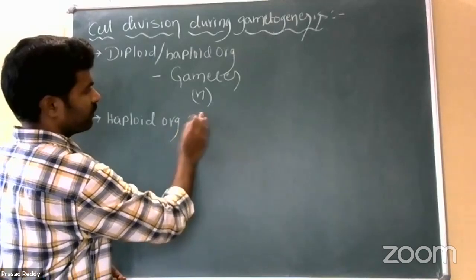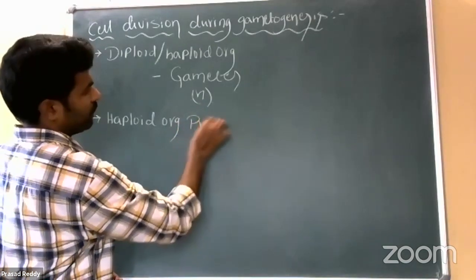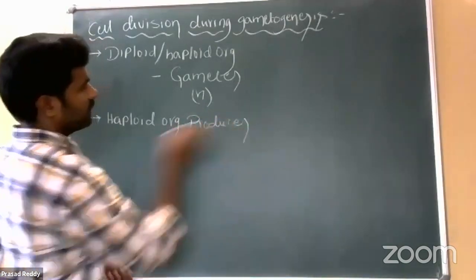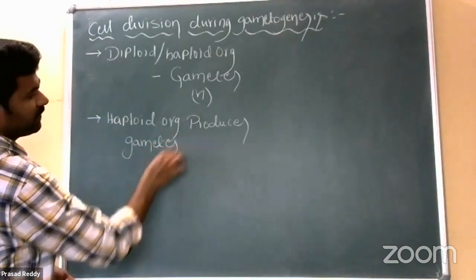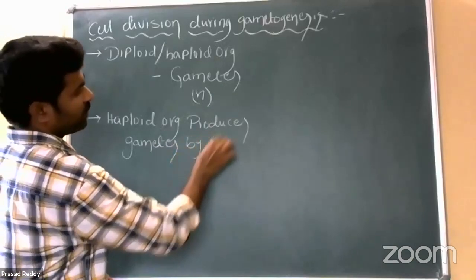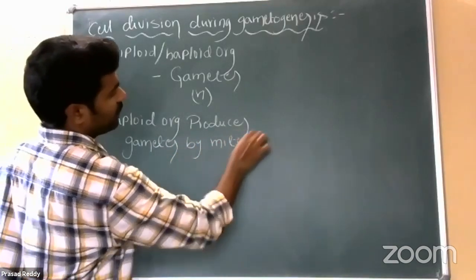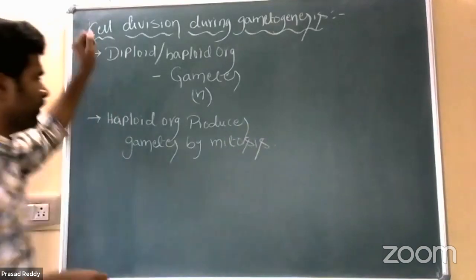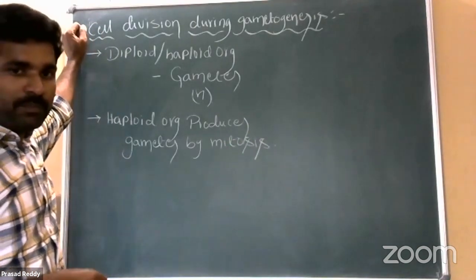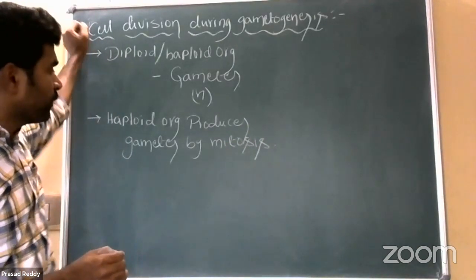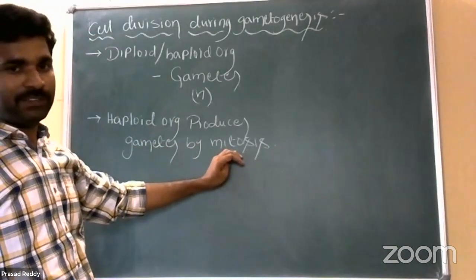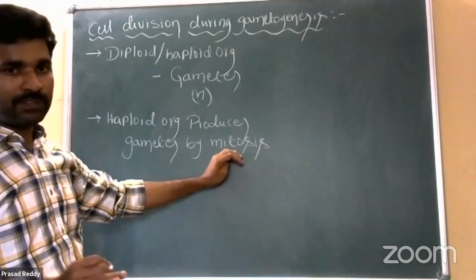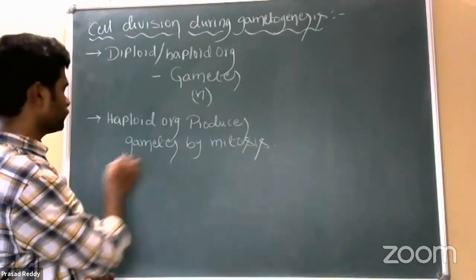A haploid organism produces haploid gametes by mitosis division. Important: a haploid organism produces haploid gametes by mitosis division.